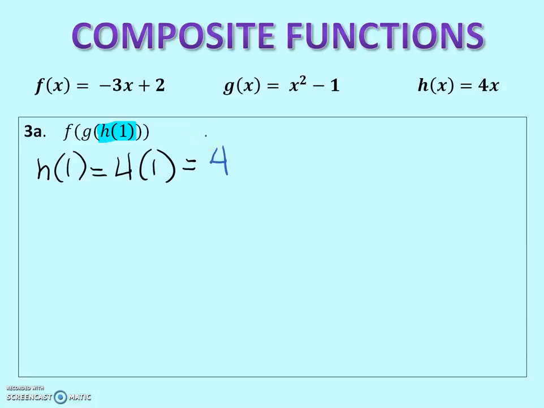Now we're going to the next layer. Okay? This one, we're just working with the g, and we know what h of 1 is, right? We got that to be 4. So we're just plugging that in here. Now we've got g of 4, and that's our next step.